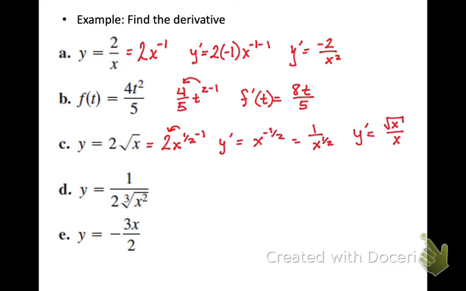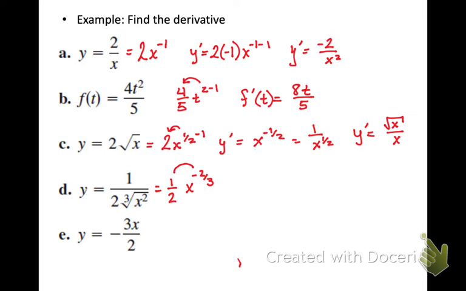Okay, what do I have to do for this next one? You still need to move x to the numerator. Can we bring the 1/2 by itself? I suppose. Then it would be x to the negative what? 2/3.